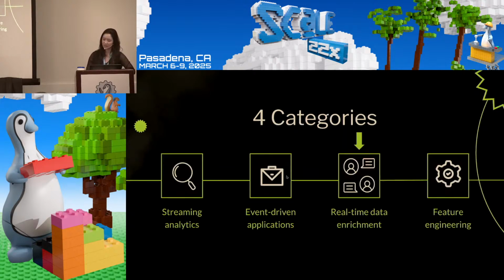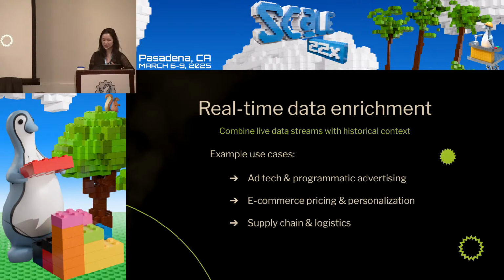And next, we have real-time data enrichment, and this is mostly just combining your incoming data streams with external or historical context to enhance decision-making, and this sort of goes into the concept of a hybrid batch and stream model, where you're able to process both streaming data and batch data on the same platform.